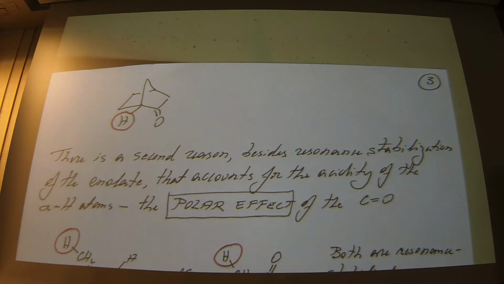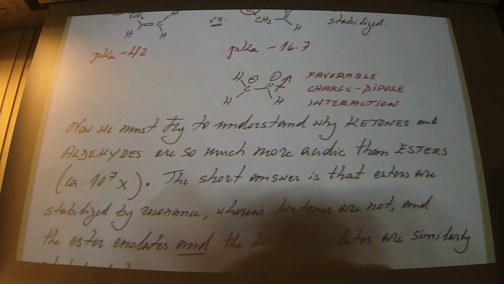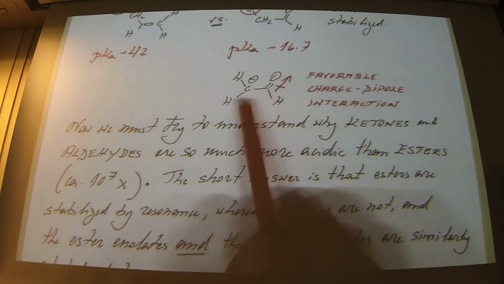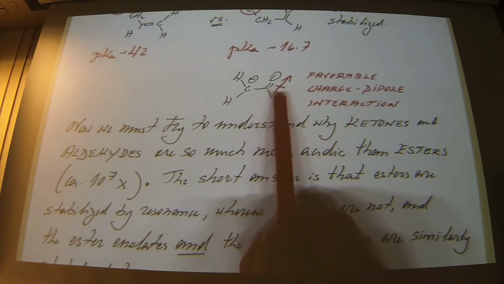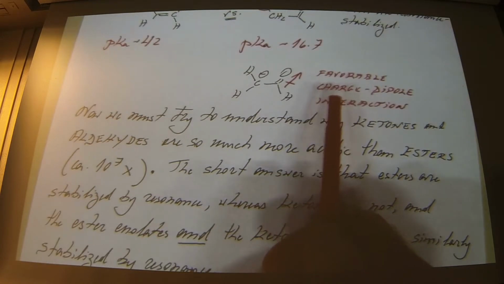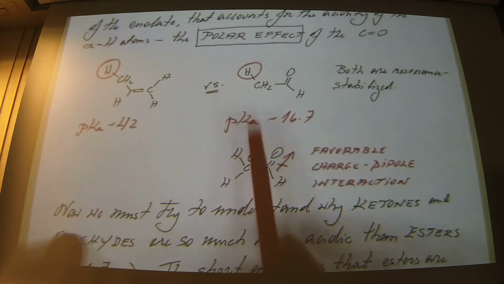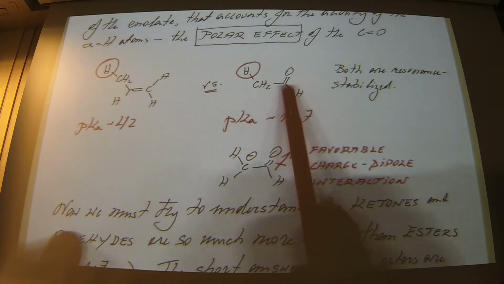However, there is one other feature that will stabilize that anion. That's a polar effect. We didn't talk about that, so now's the time. When you form an enolate, yes, it is resonance-stabilized, but there's also something else going on: a favorable charge-dipole interaction. This particular proton is rendered acidic because that carbon atom has a delta plus.